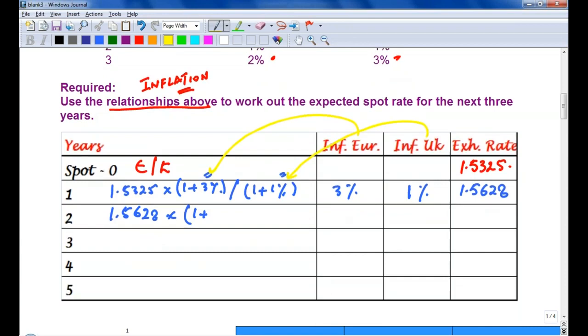Accordingly, 1 plus 1% divided by 1 plus 4%, as given, 1% and 4%. So 1.5628 multiplied by 1.01 divided by 1.04, that is 1.5177.